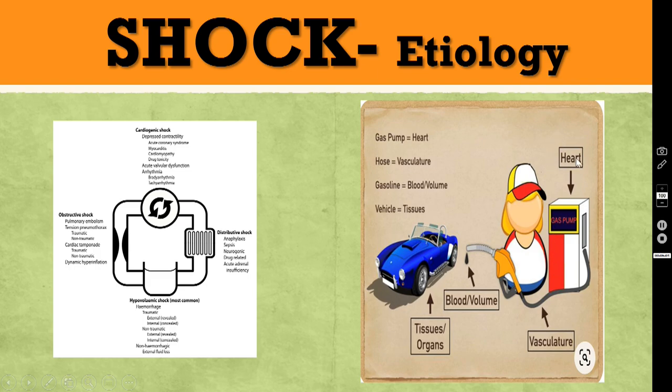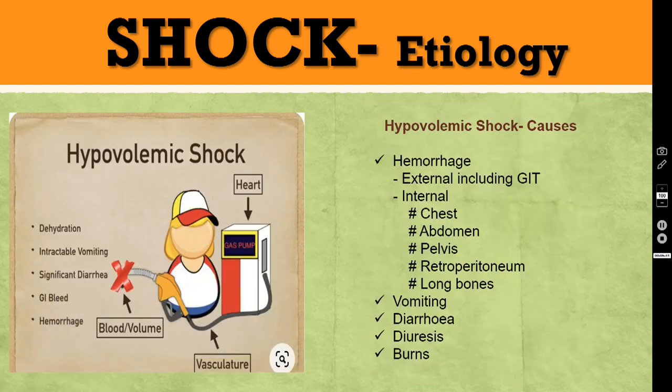The gas pump is the heart, the hose is the vasculature, and the gasoline is nothing but the blood. And the vehicles are the tissues. We can understand the various causes of shock better if we remember this analogy.